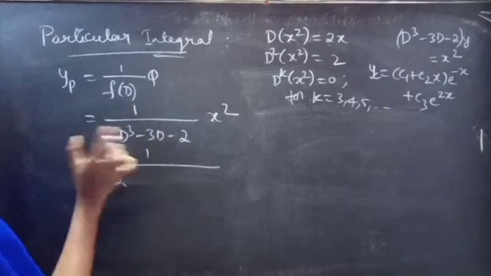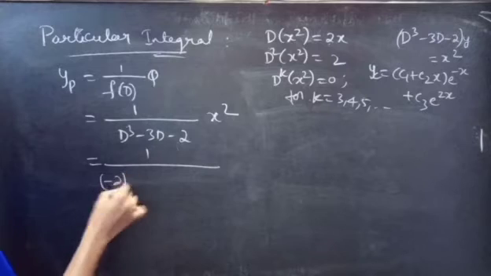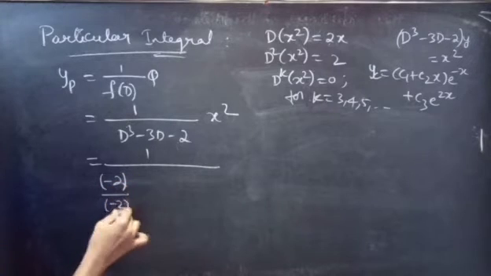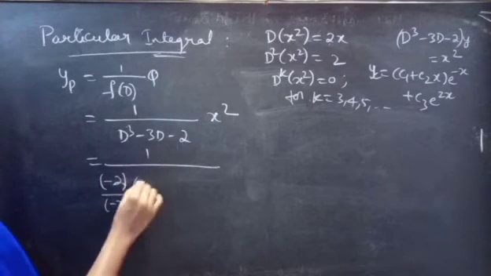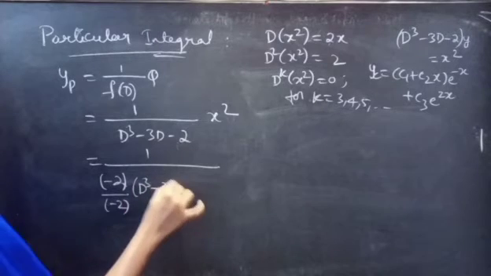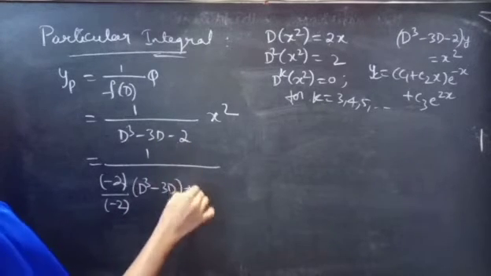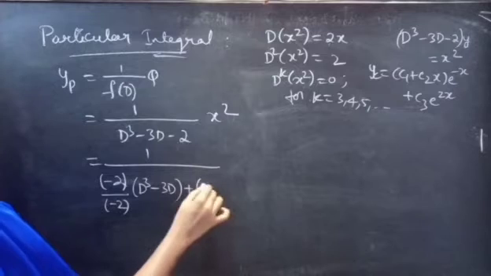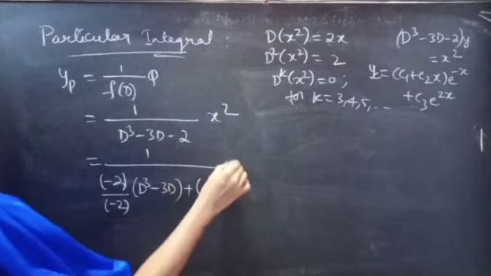Since the two terms do not have any minus 2, we'll just multiply and divide minus 2 to these two terms. Plus, I'll write minus 2 as plus of minus 2 for my convenience.